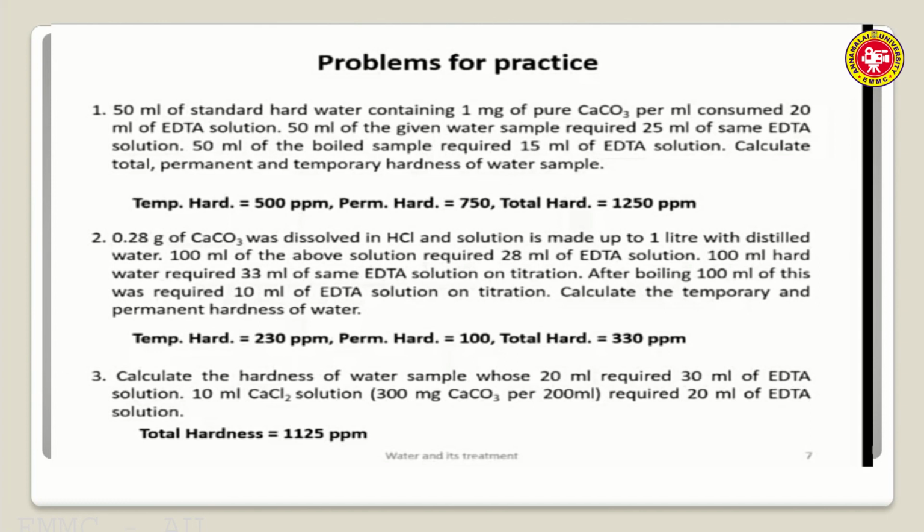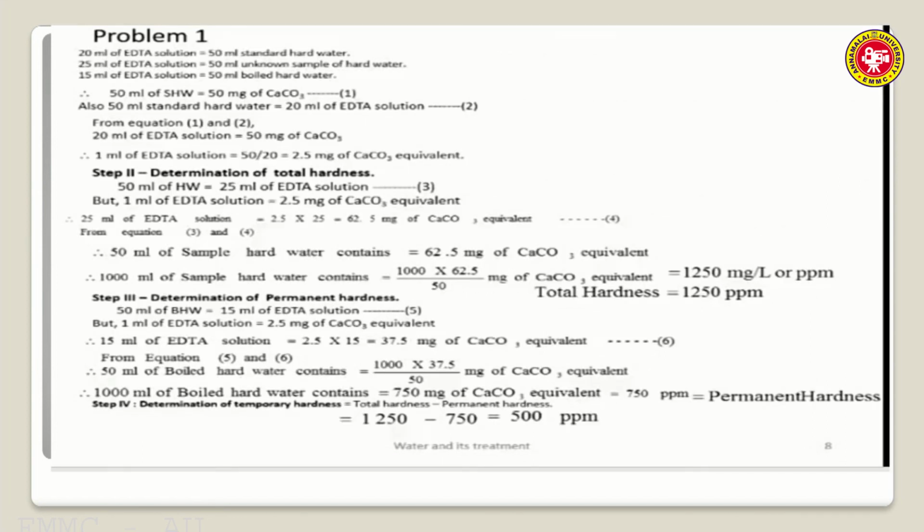Now what you are asked is to calculate total, permanent and temporary hardness of water. So here I have discussed the details. From step 1, we have calculated that 1 ml of EDTA solution is equal to 50 by 20, which is 2.5 milligrams of calcium carbonate equivalent. From step 2, we have concluded that total hardness, you can check it, is 1000 into V2 by V1.